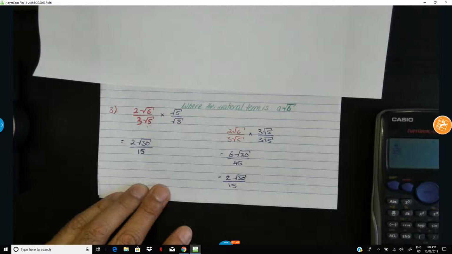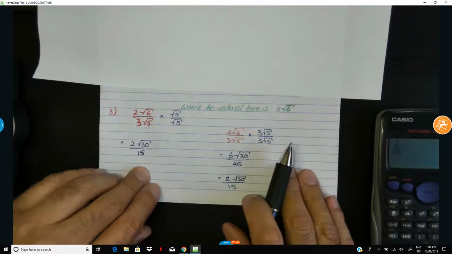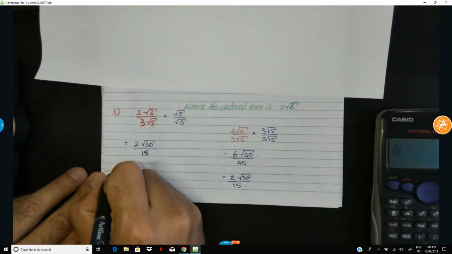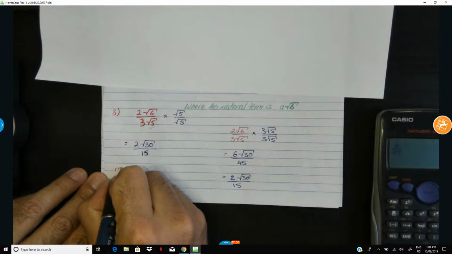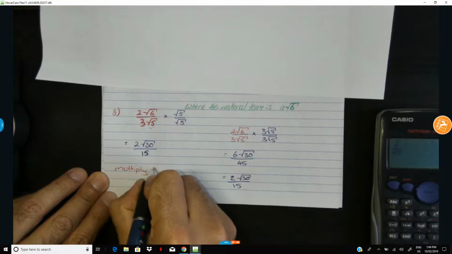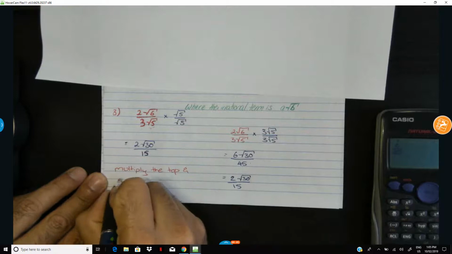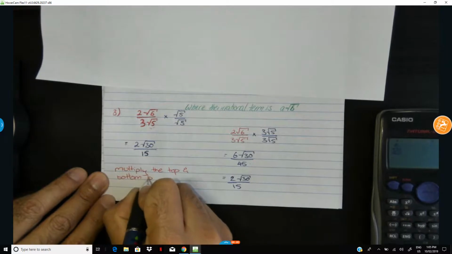Okay, so if we wanted to summarize so far, we're going to multiply the top and bottom by the irrational term.